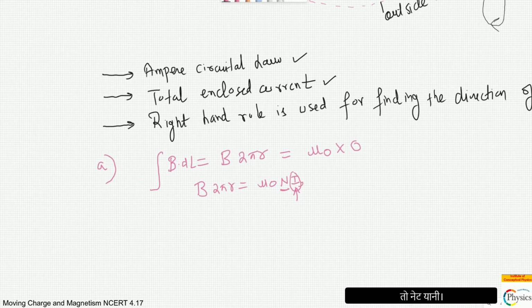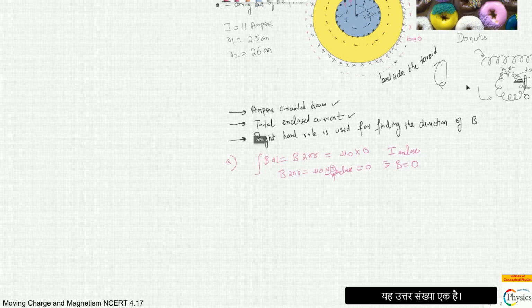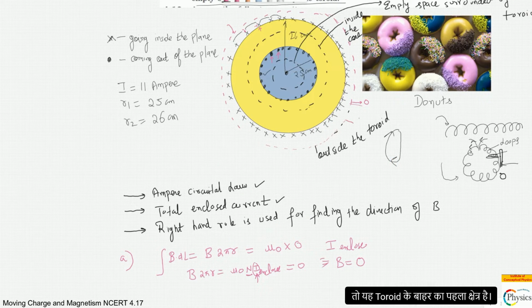So net I enclosed is zero, and therefore there is absolutely no magnetic field outside the toroid. This is answer number one. I hope this is clear. What we discussed was region number one, the first region outside the toroid.